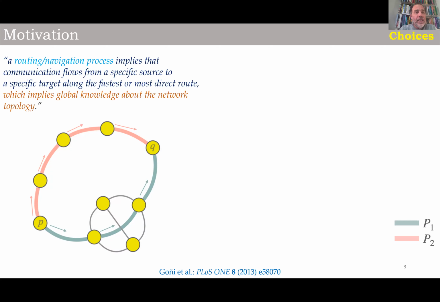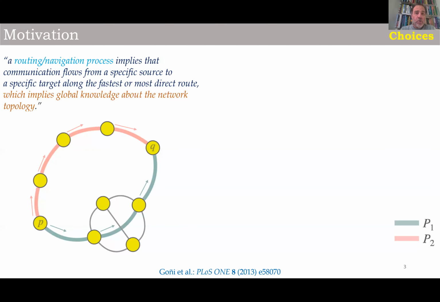One of them is the routing or navigation process, which implies that we have a complete knowledge of the whole topology of the network, and we send the particles from one node to a specific other node by taking a certain kind of route in the network.